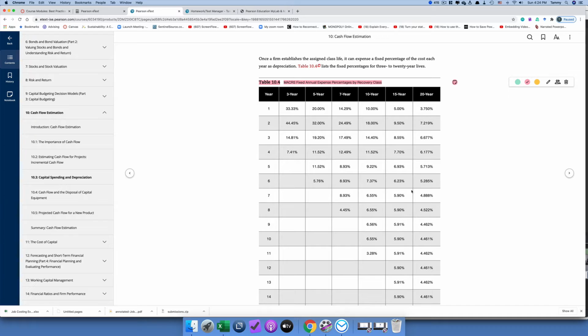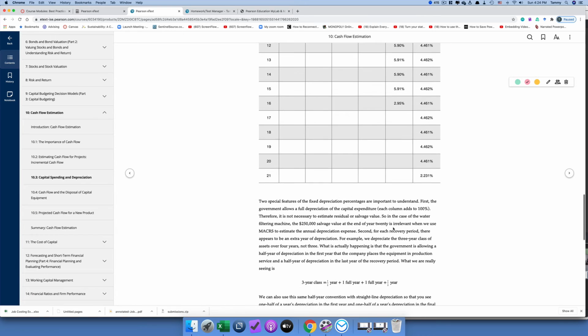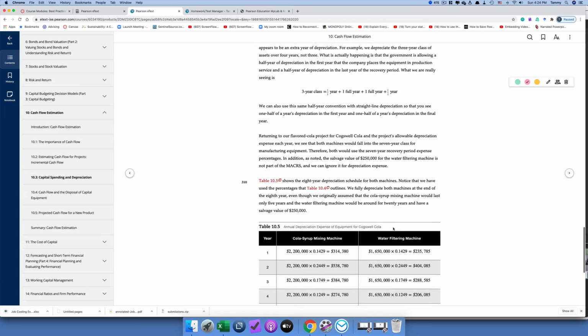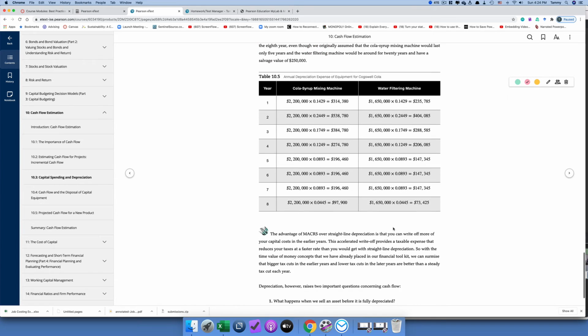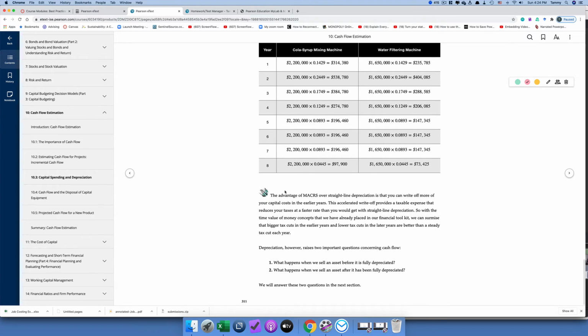Right? So you apply these percentages in this table to the cost basis of your asset to come up with the depreciation expense. So that's how you come up with depreciation expenses every year. And then they go through how to actually calculate them. And as I said, it basically front loads your depreciation expense.